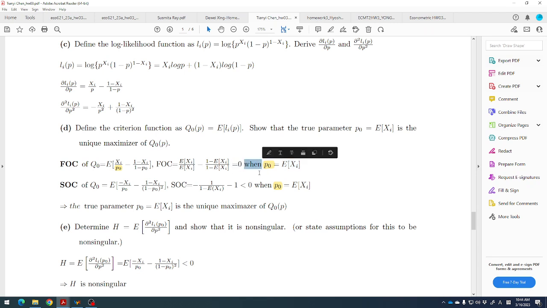It is nice to state the condition in this structure: when this condition is true, then the first order condition is true. So that is nice. But the notation is not correct. Similarly, the same thing happens in the second order condition.